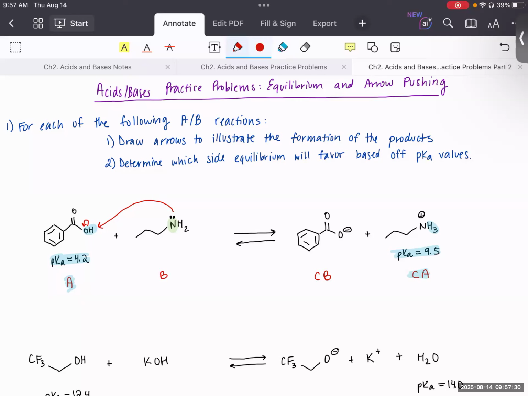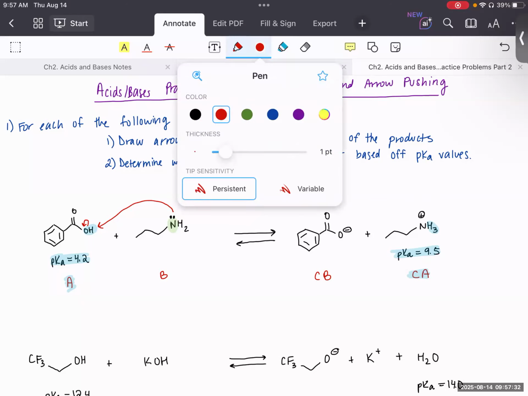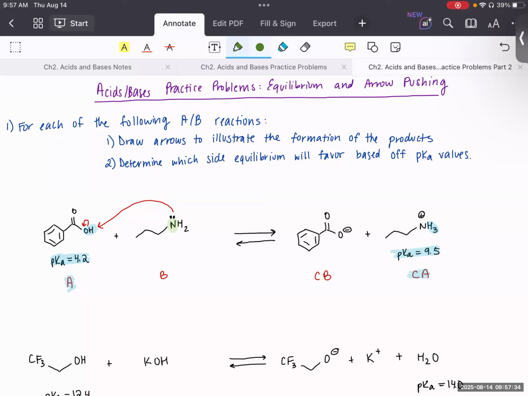Based off of our lecture video, we know that a lower pKa means a stronger acid. So here we have lower pKa for this first one right here, which means stronger acid.